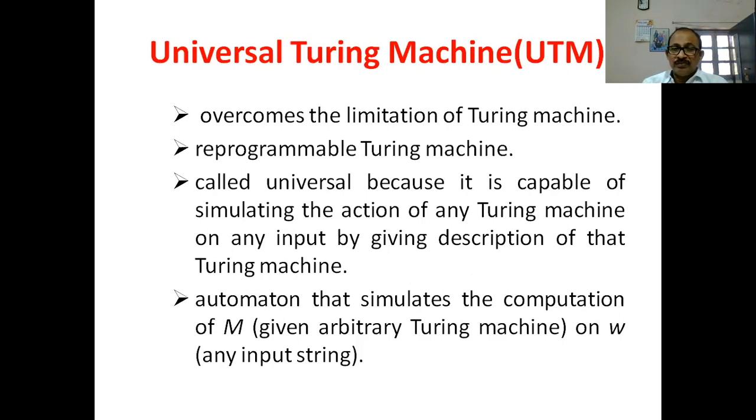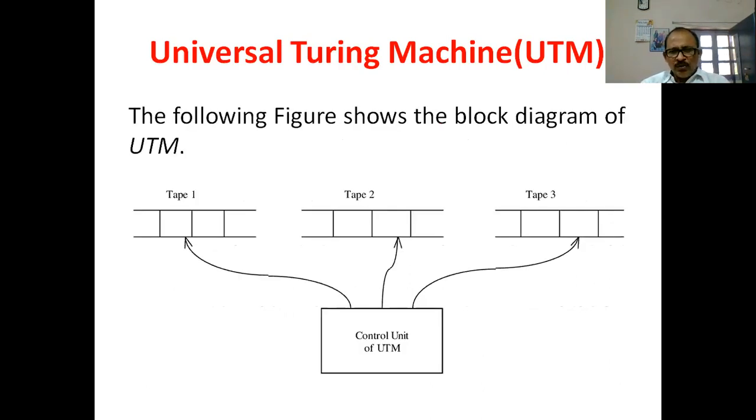Next question: how will a Universal Turing machine perform different types of computations? What is the mechanism behind this? Actually, the universal Turing machine has three tapes: tape 1, tape 2 and tape 3, as you can see in the picture.